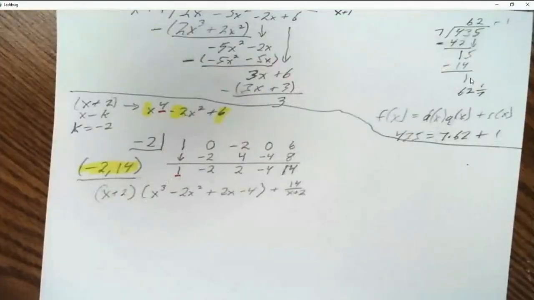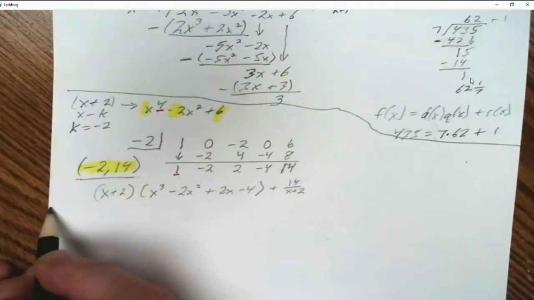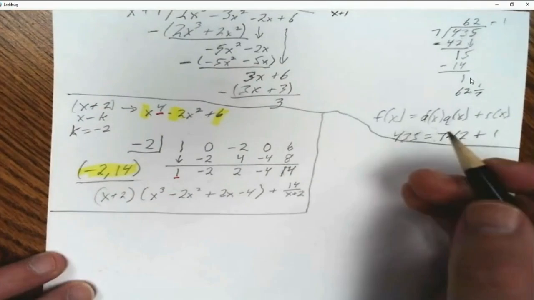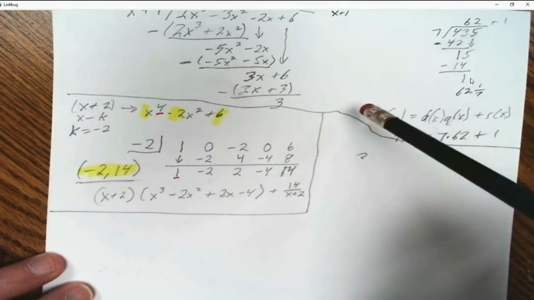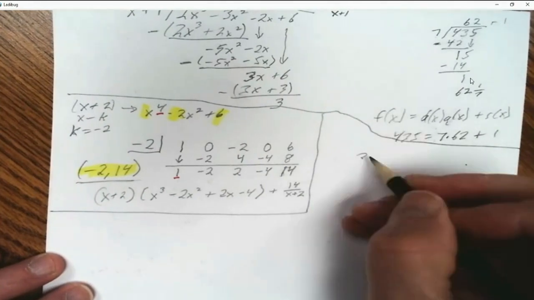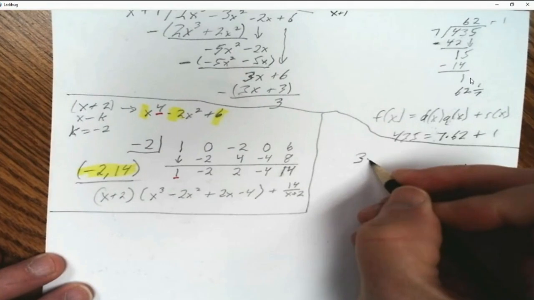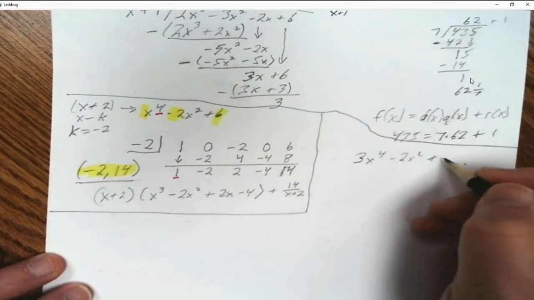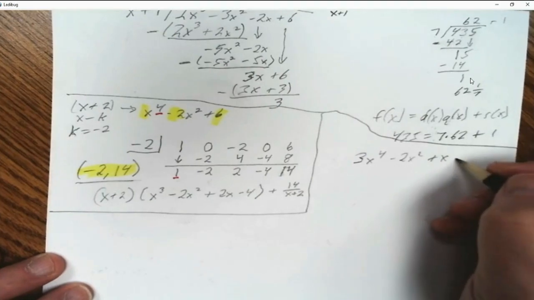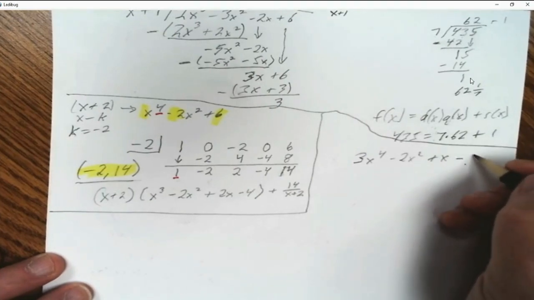So it says if we have a function, and let's just create a function over here. Let's say we've got a function that is, yeah, we'll use 3. That's fine. 3x to the 4th minus 2x squared plus x minus 6.